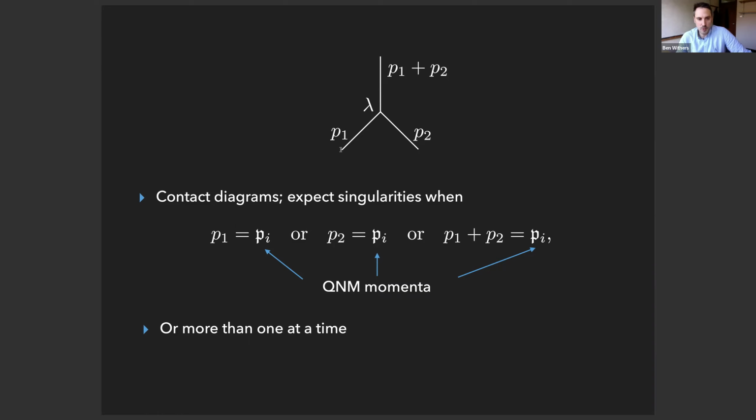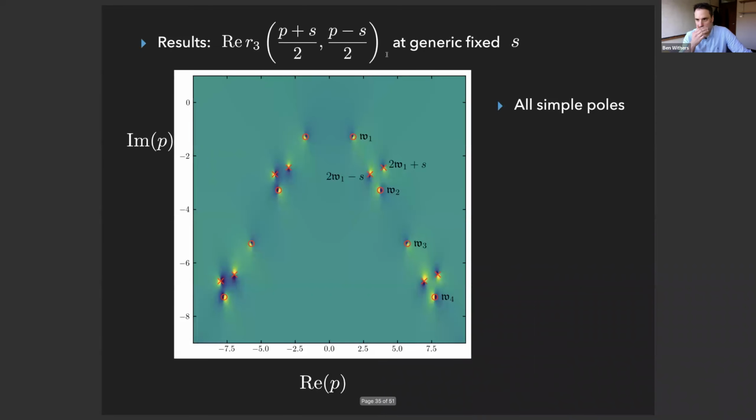If we take a quasi-normal mode momentum, which I've denoted by this Gothic P, and we take P1 to be any quasi-normal mode, we expect to find a single pole of our 3-point function. Or this could also be P2, or the combination P1 plus P2. It's also possible to have more than one of these conditions satisfied at once, so we could have an incoming leg and an outgoing leg being quasi-normal modes. And then this would give us a double pole.